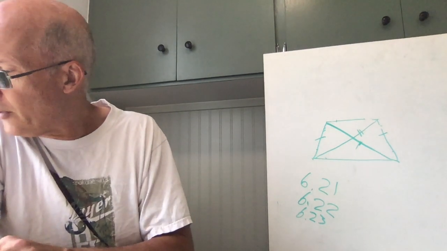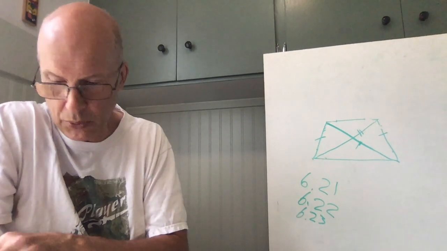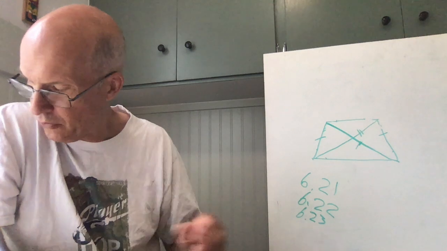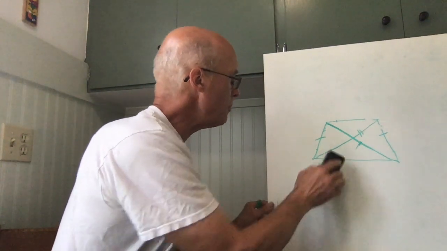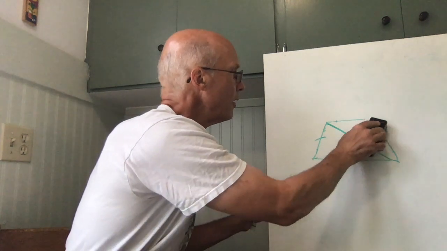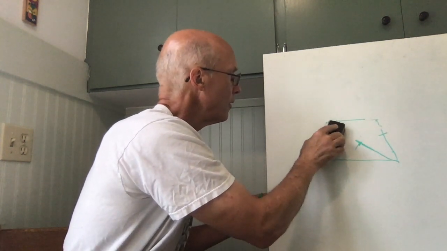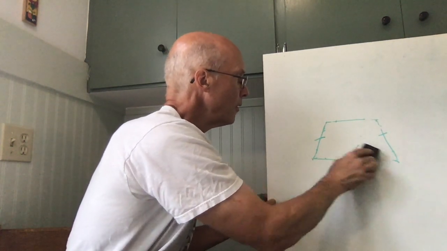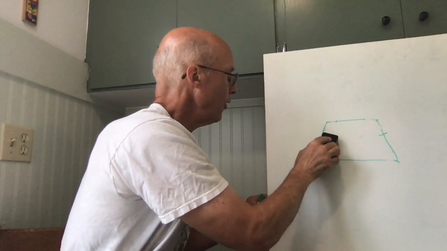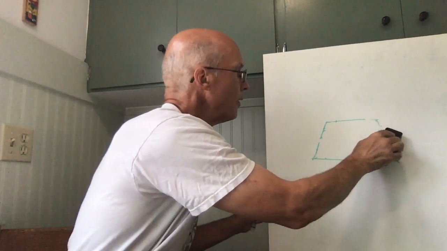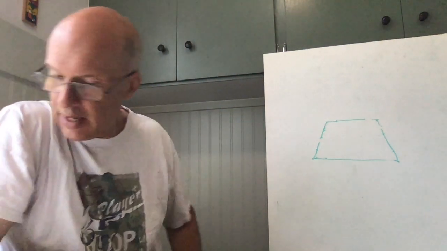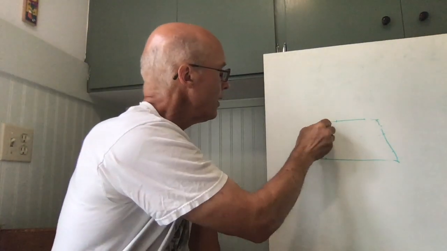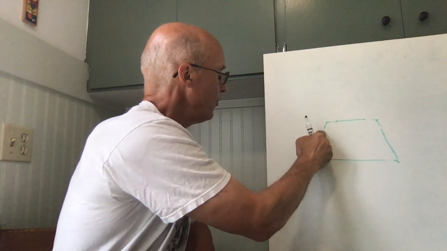Then we go on to 624. In 624, it's on page 471, and it has to do with what's called a mid-segment. So, a mid-segment cuts this side in half.